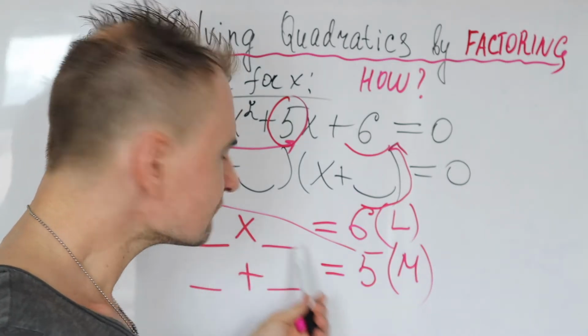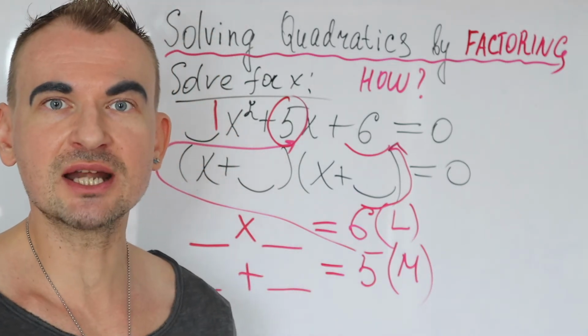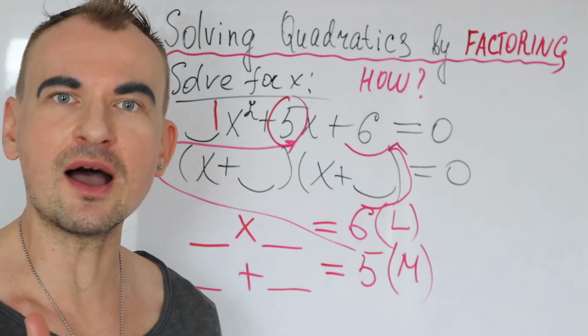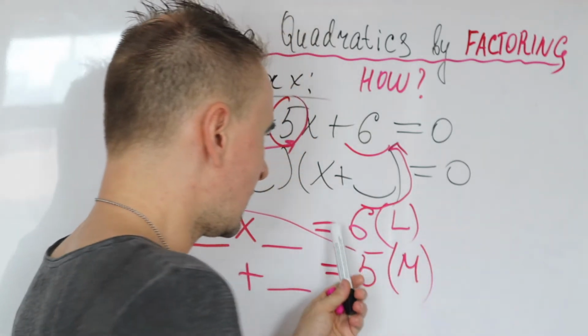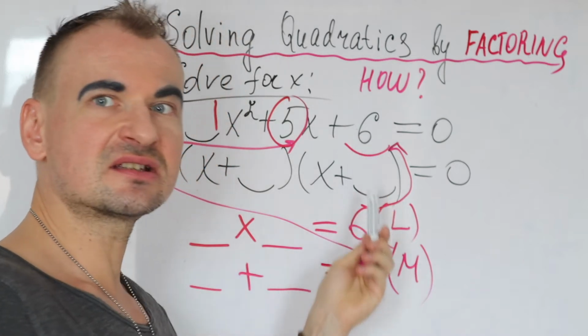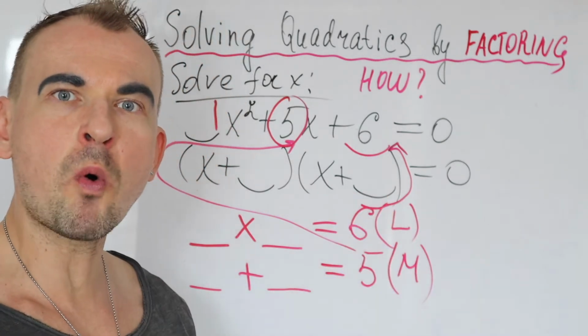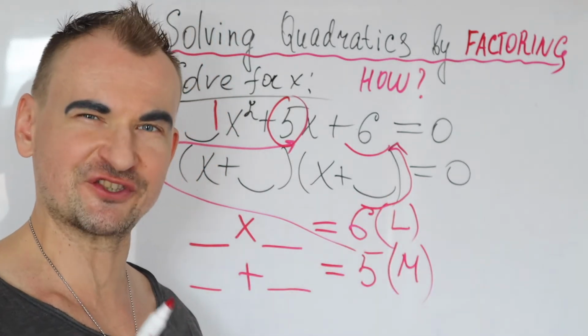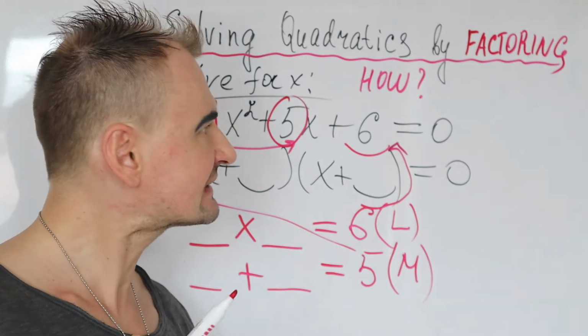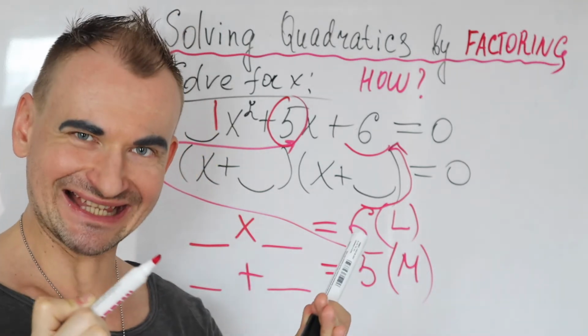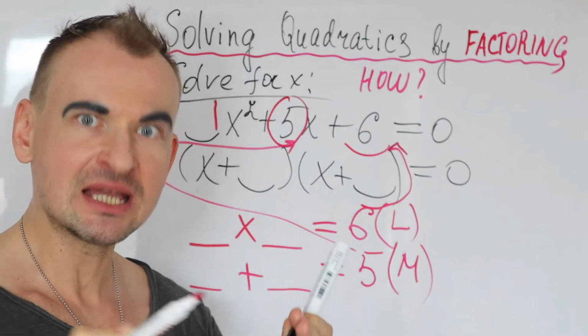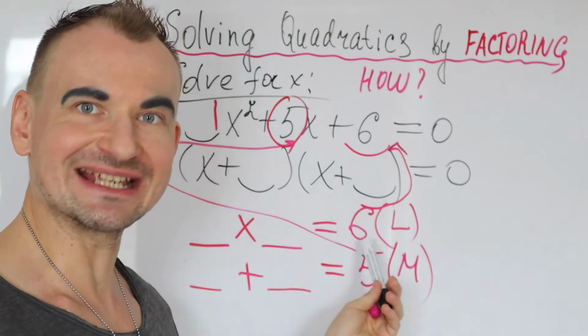Now, the question can be raised here, how to find these two numbers. You can take this 6 and list out all factors of 6. You can list out the pairs of numbers whose product gets to 6.